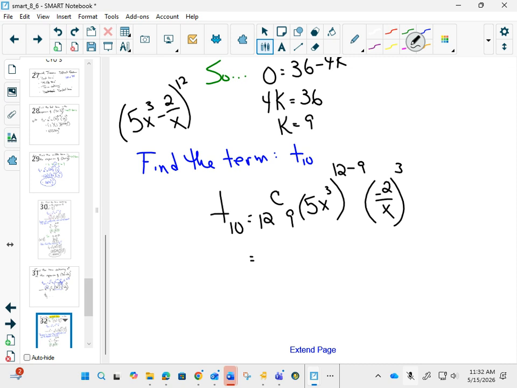Do each of these separately. Twelve choose 9. Put it in brackets. That's 220. 5 cubed. That's 125. X cubed cubed is x to the 9. Oh, I made a typo. Does anybody notice the typo I made?